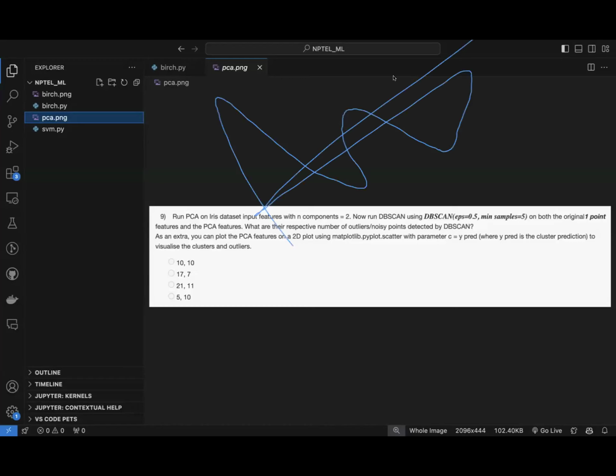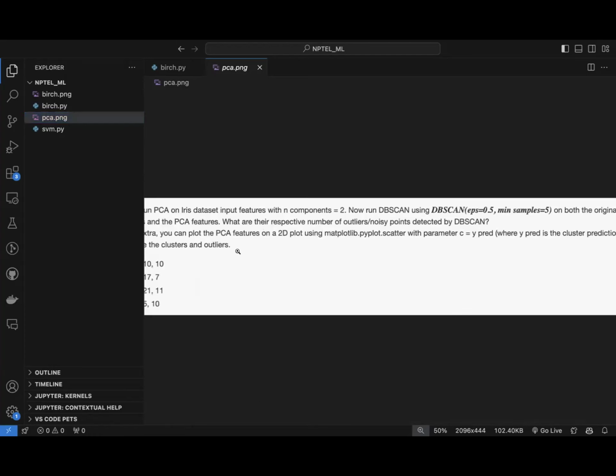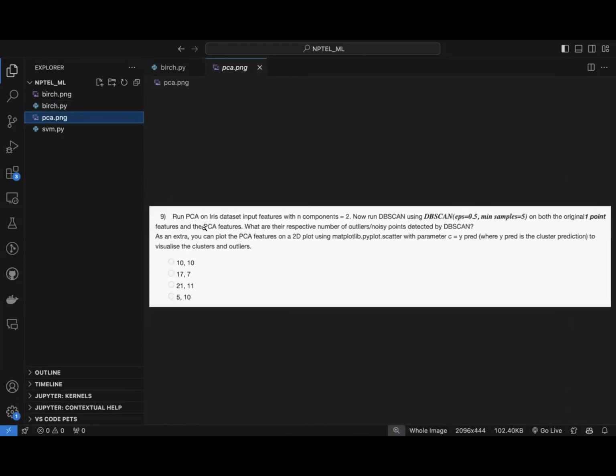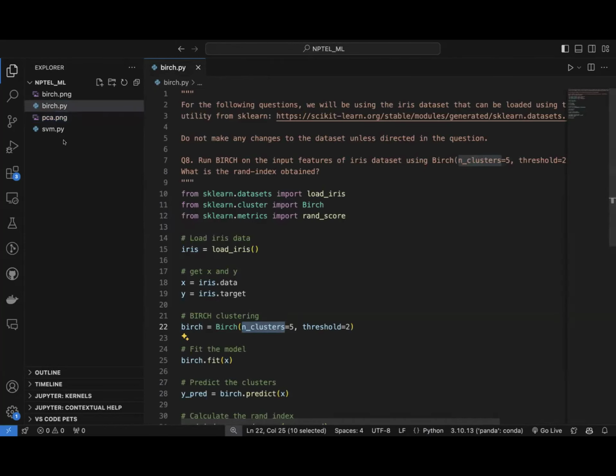Now, then run DBSCAN with this setting on the original features and on the PCA features. Then find the number of outliers, noisy points detected by DBSCAN. Then we can also plot the things, right? So this is the question. I'll directly do the coding for this.